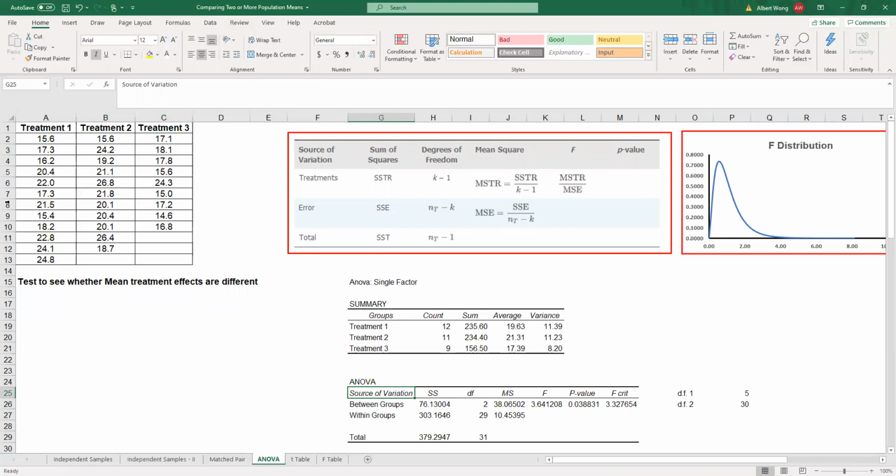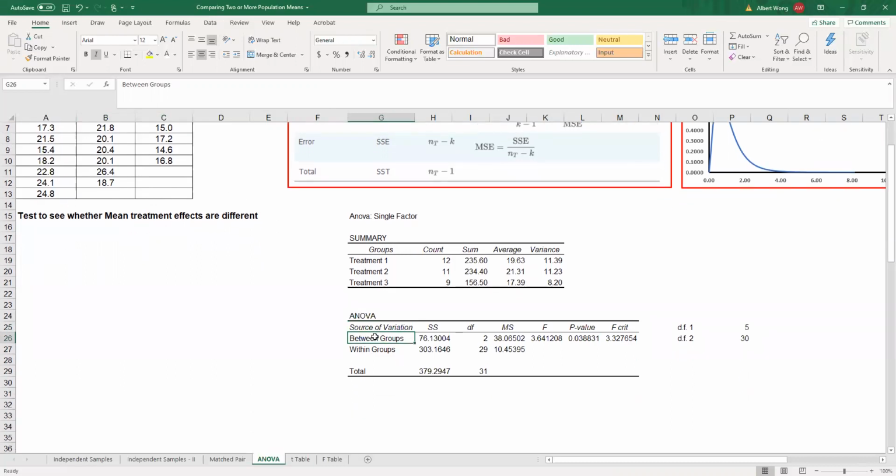So we can put it all together. If they are all the same, then the variability between the groups and within the groups should be reasonably close to each other. So how do we know that the means are the same? You end up comparing the between group variability and within group variability and see if they are the same, right?